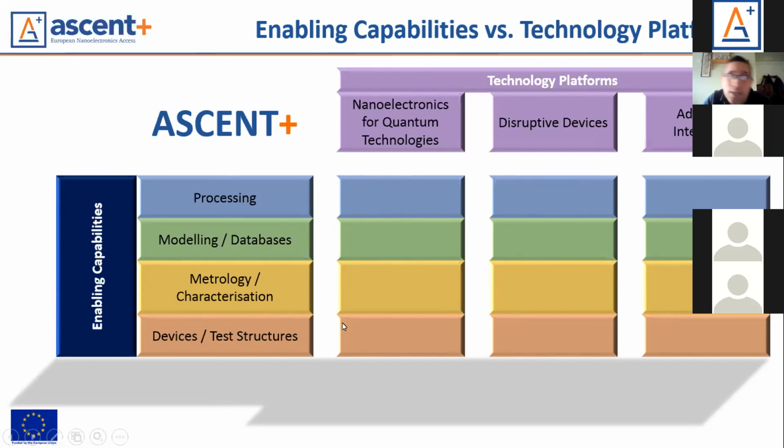Essentially, each one of those 4 builds up the technology platform. So when we look now at the showroom on the website, all the offerings are classified by technology platform and by enabling capability.